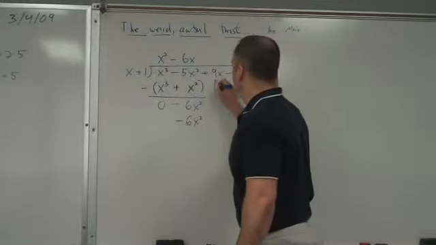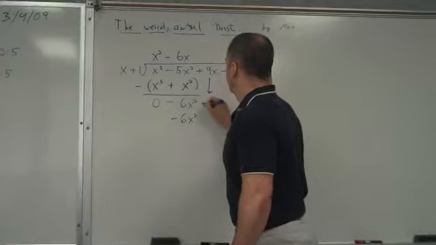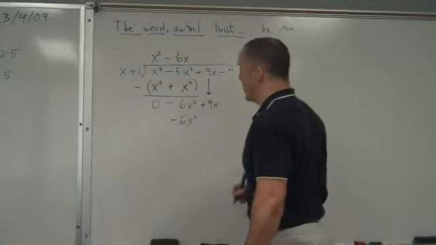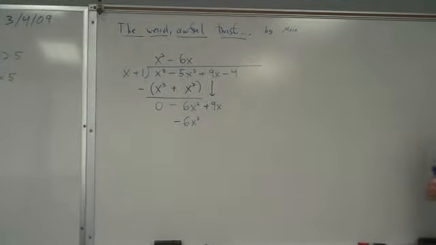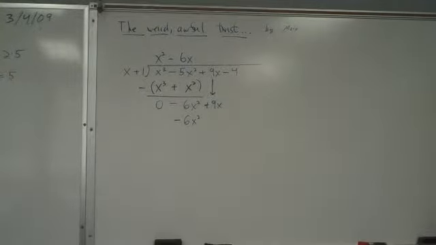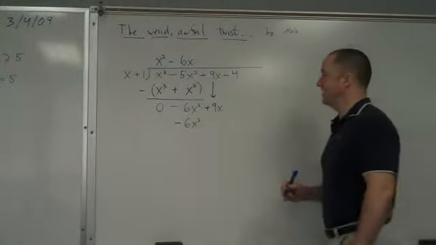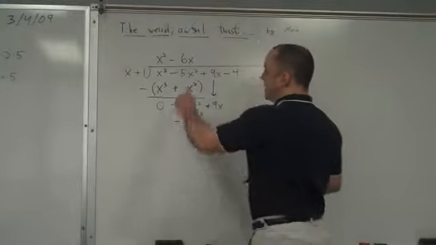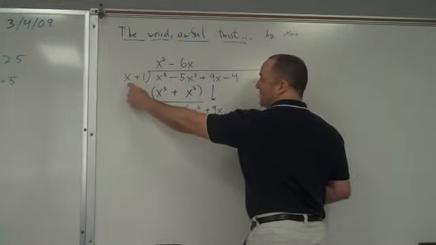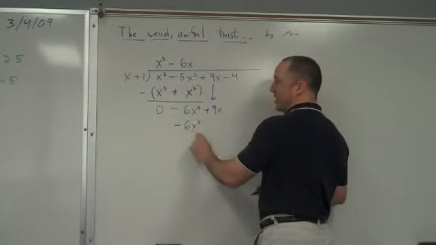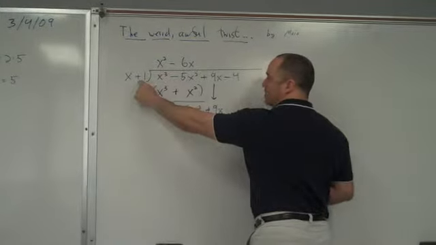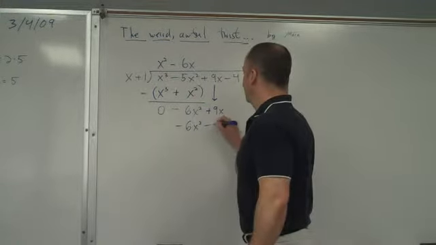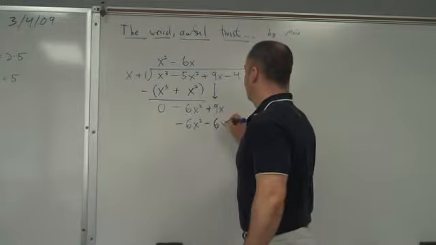It's called bringing down the next place value when you learned it in long division. Now it's bringing down the next term in your polynomial. Okay? Now, minus 6x times x gave me minus 6x squared. Minus 6x times 1 gives me minus 6x.